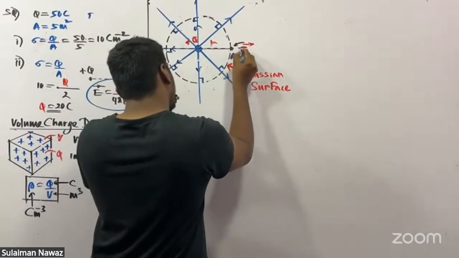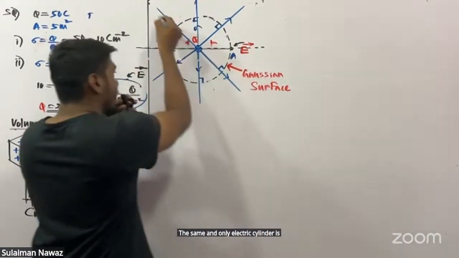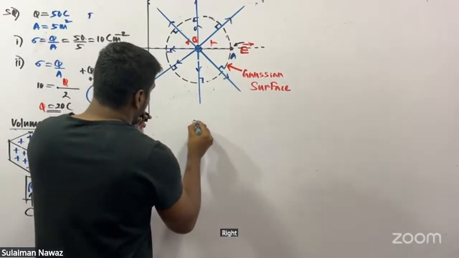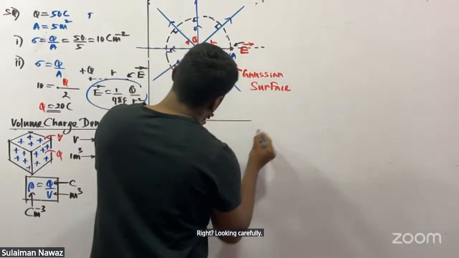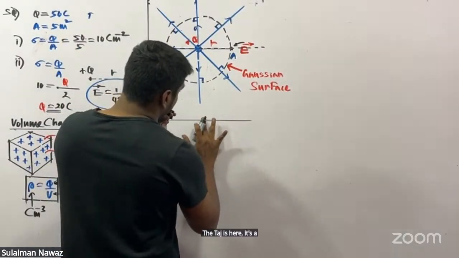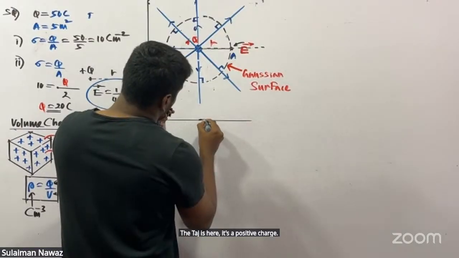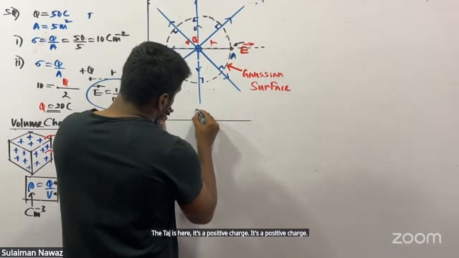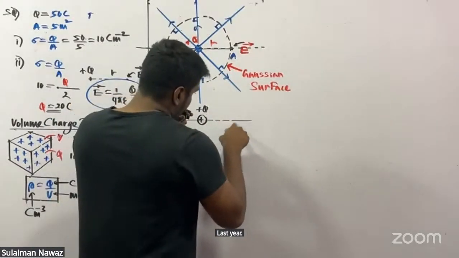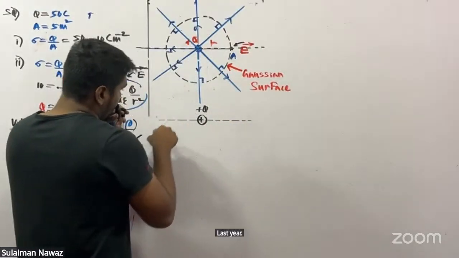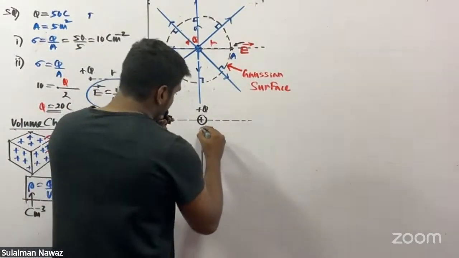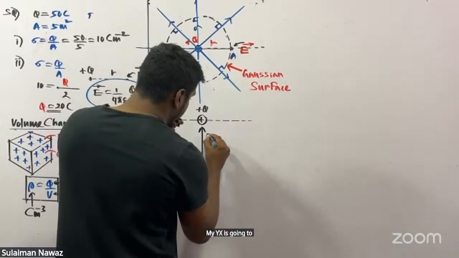In the same manner, electric field intensity is going to vary along any line passing through point Q. Look carefully. The charge is here. It's a positive charge, plus Q. My y-axis is going to be electric field intensity.